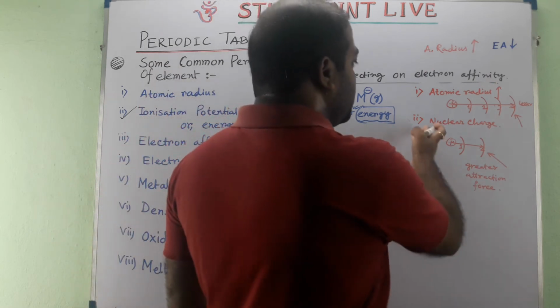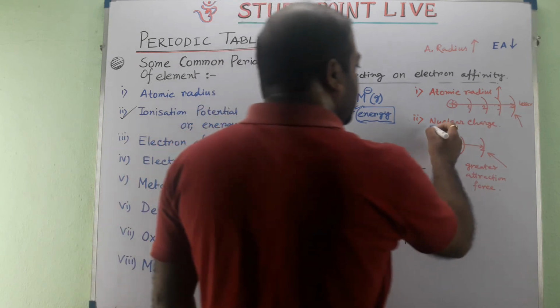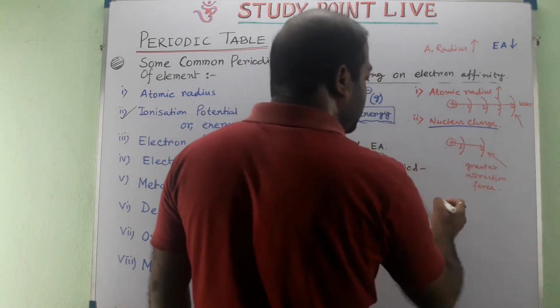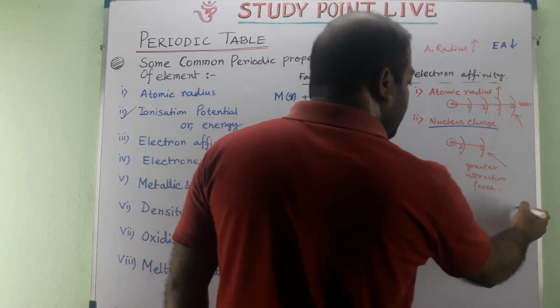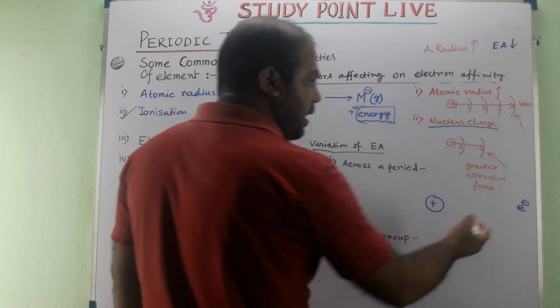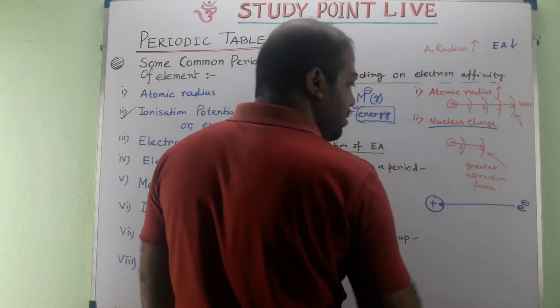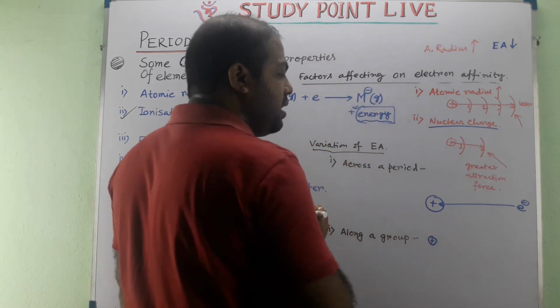Now we are going to discuss the nuclear charge factor. If the positive charge at the nucleus increases, then the attraction force between the upcoming electron and the nucleus will be greater than in the case of lesser nuclear charge.